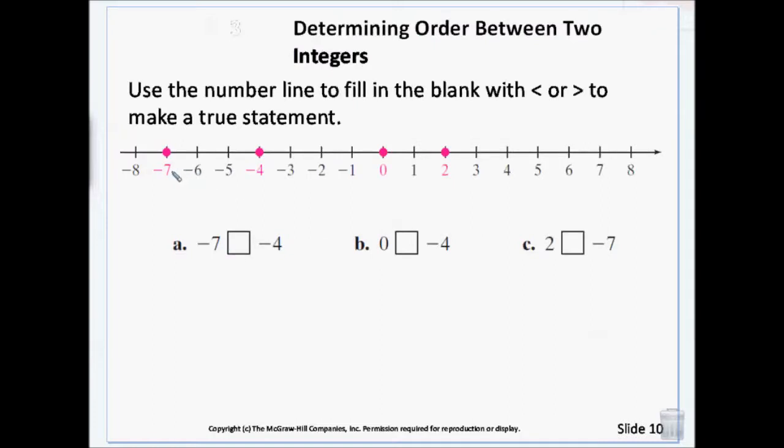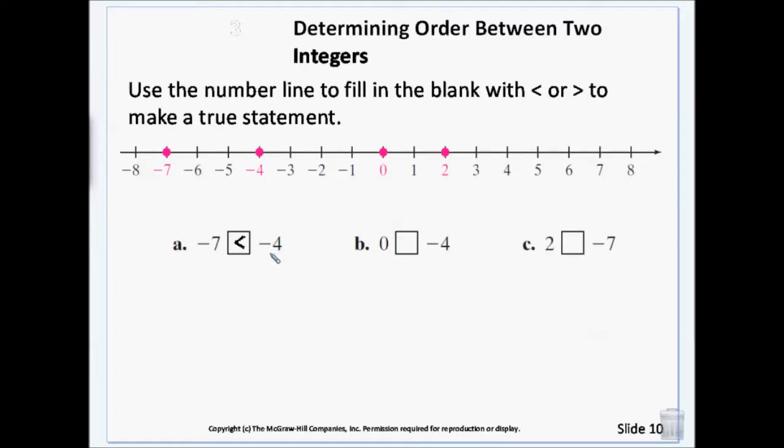If I have -7 and I have -4, -4 is to the right of -7, so it is greater. And another way to think about this is if you think of negatives as money, if you owe $4, you're doing better than if you owe $7.